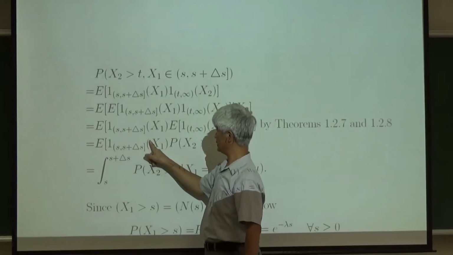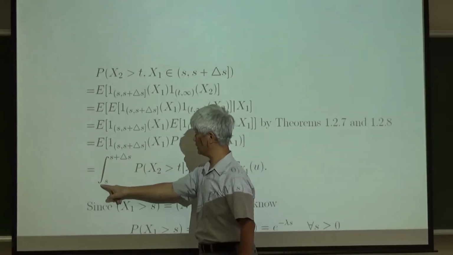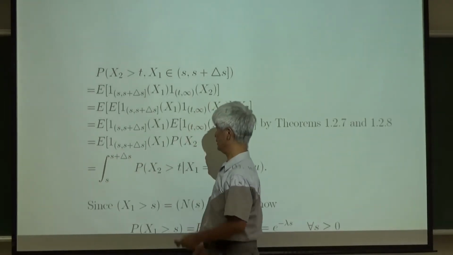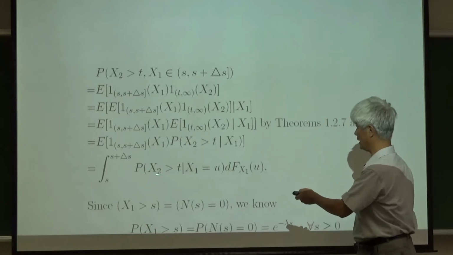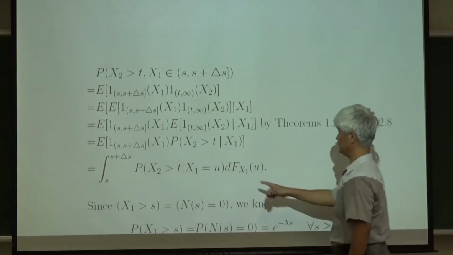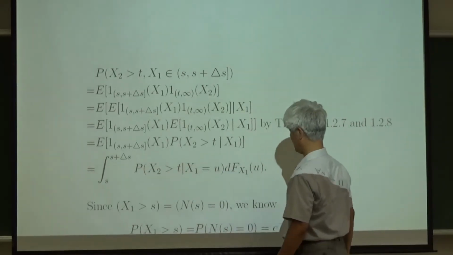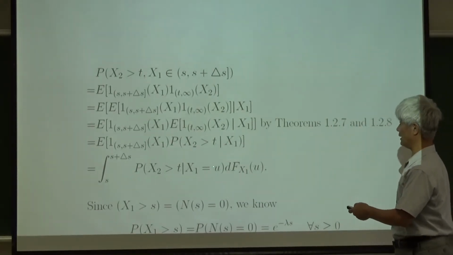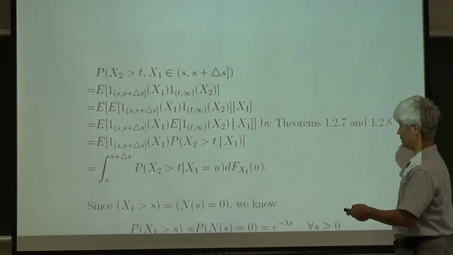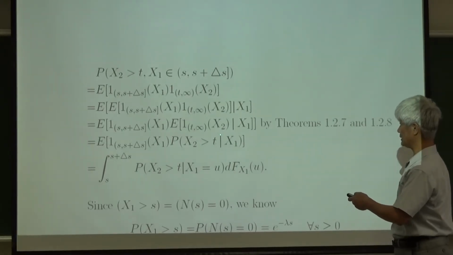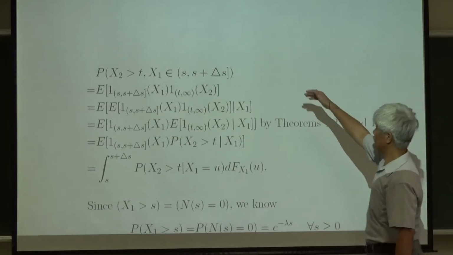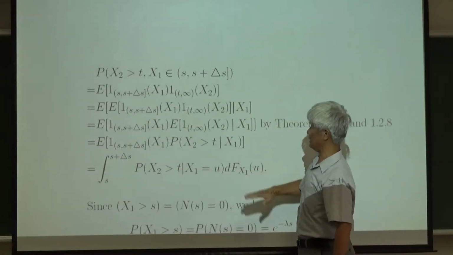But the indicator function of x1 limits the integration interval from s to s plus delta s, and this one is a function of x1. So when you let x1 equal the parameter u, this is the conditional probability you have. So from here you get that.